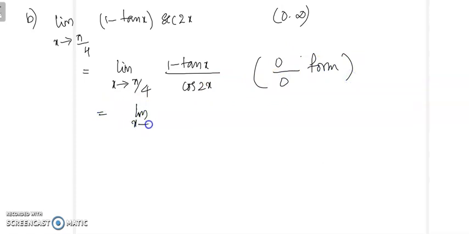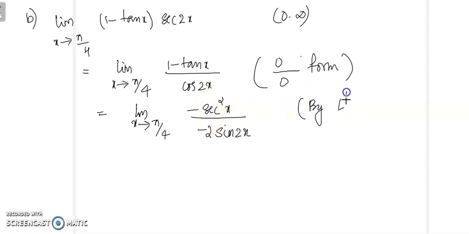So upon applying the L'Hospital rule, you will get minus sec square x by minus 2 sine 2x.